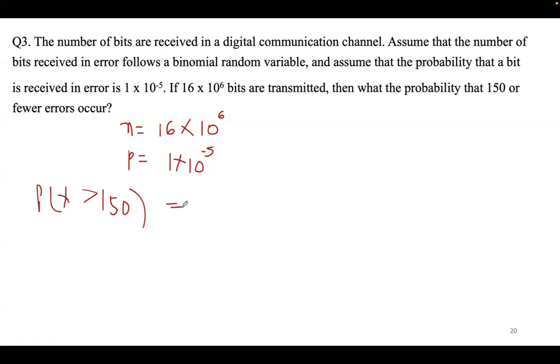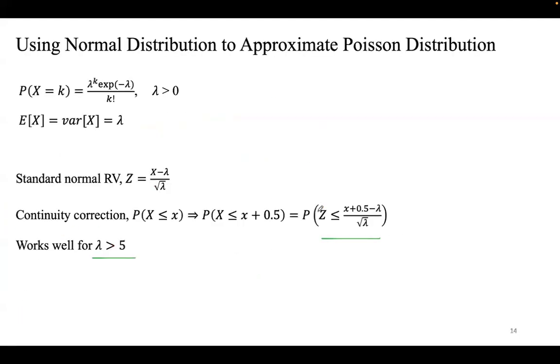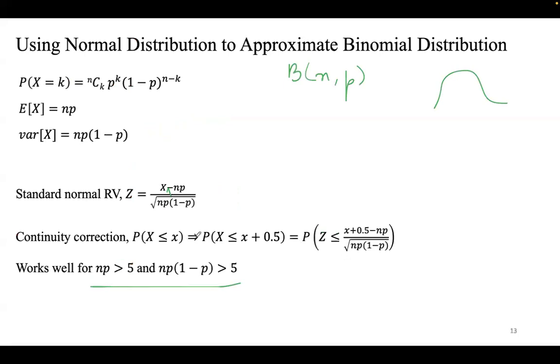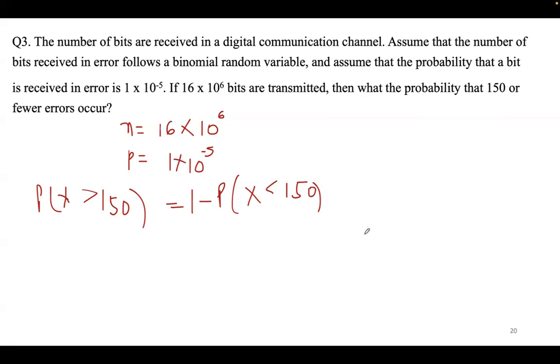Now, again, obviously it's 1 minus X less than 150. And what was the exact thing? Yes, you add 0.5, subtract np and divide by the root. So that's going to be 1 minus P Z less than 150 plus 0.5 minus np.